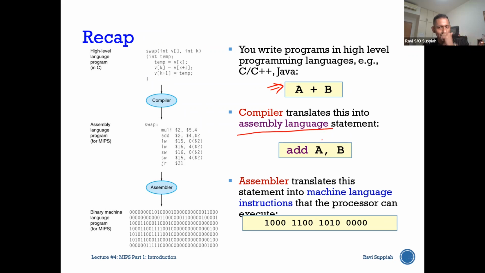Now, what is assembly language? Assembly language is basically an intermediary between the high level and the lowest level, which is machine language. What is machine language? It is basically the only language that the computer understands, which is ones and zeros. If I give you a bunch of ones and zeros and ask you to interpret it, we will go crazy looking at all the ones and zeros.